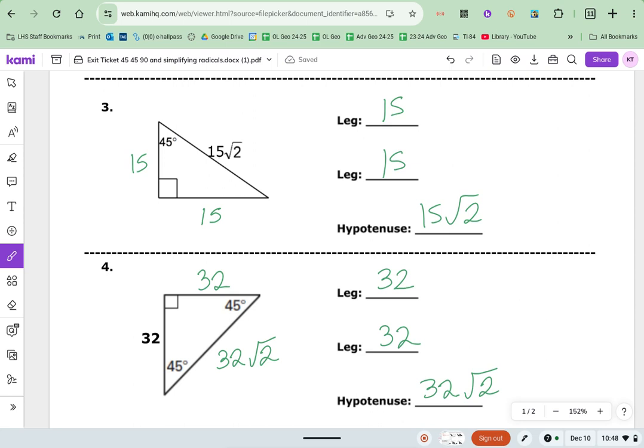And since this side is always x root 2, you know what x is, so we're plugging in 17 for x. On this one, we were given the hypotenuse. So this is the x root 2 side, and so we can solve for x. So x is equal to 6. And so then we use plugging in x.